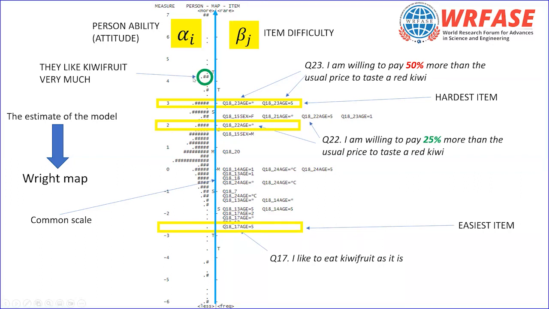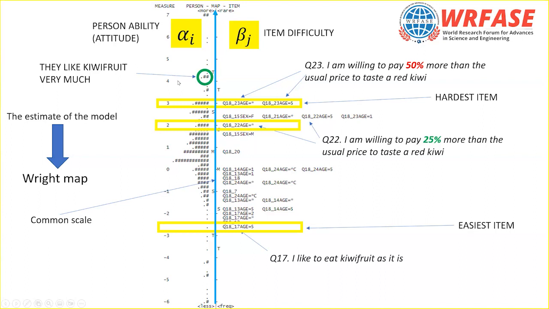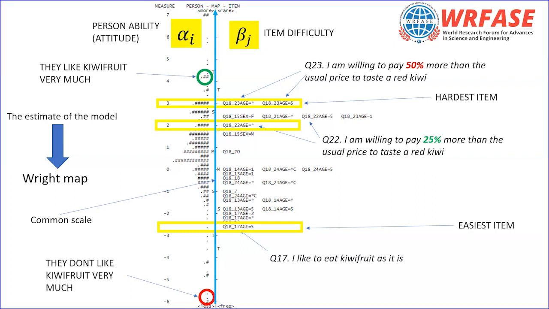And this, for example, on the left, are people that like kiwi fruit very much. They answer with high scores to all items. Instead, these at the bottom are people who do not like kiwi fruit very much. Okay.